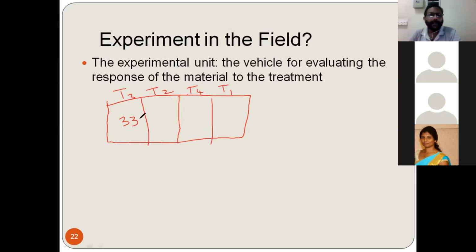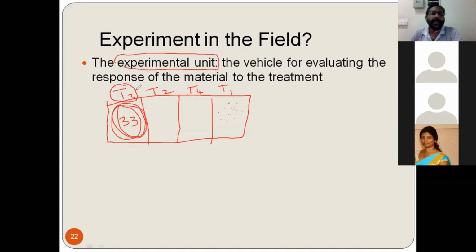Now you see, to look at the response of T3, I cannot go and measure what is happening here. To get the response of T3, I'll have to measure the plants in this plot. So that is the experimental unit.